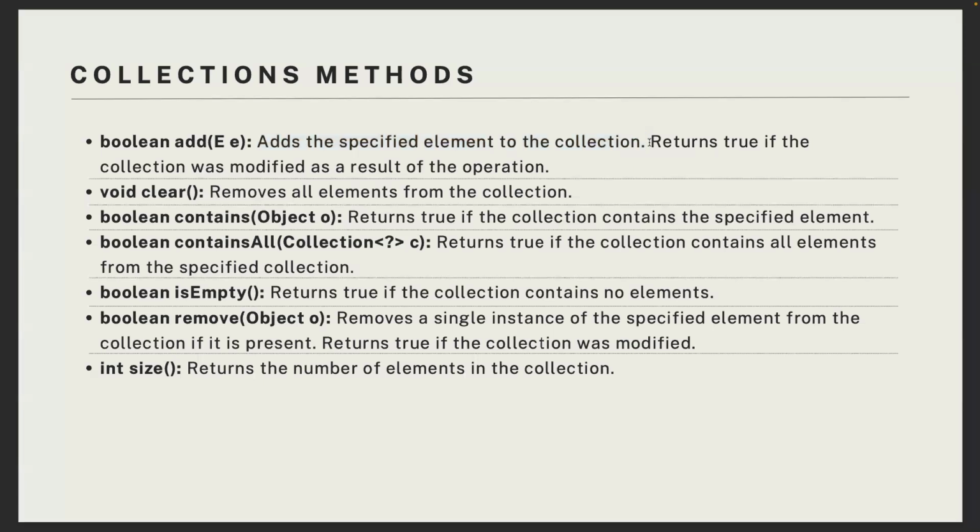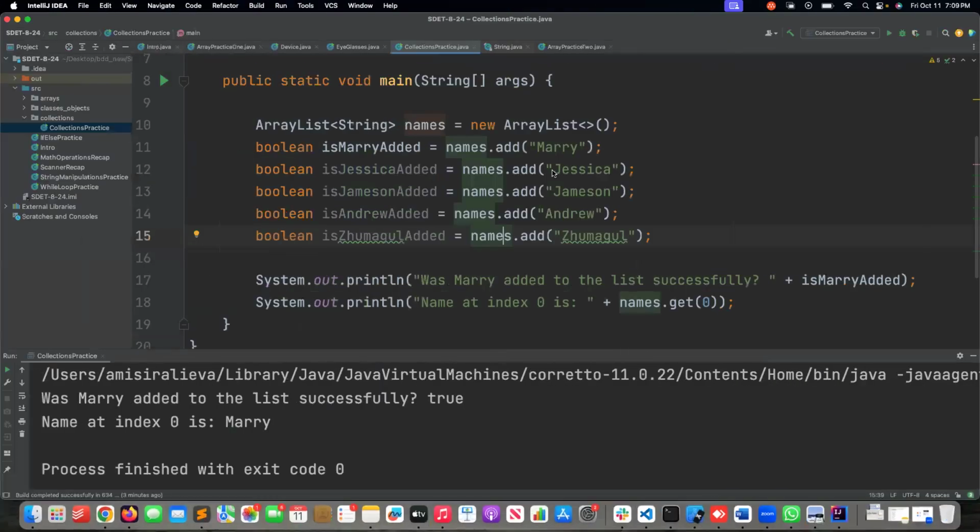And then it returns true if the collection was modified as a result of the operation. So the names only had 4 elements in it: Mary, Jessica, Jameson, Andrew. And now we added Jumagul. So the collection, which is names, got modified.